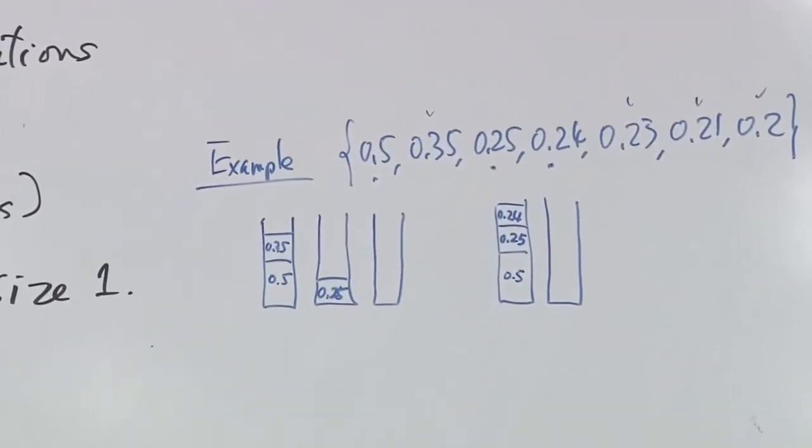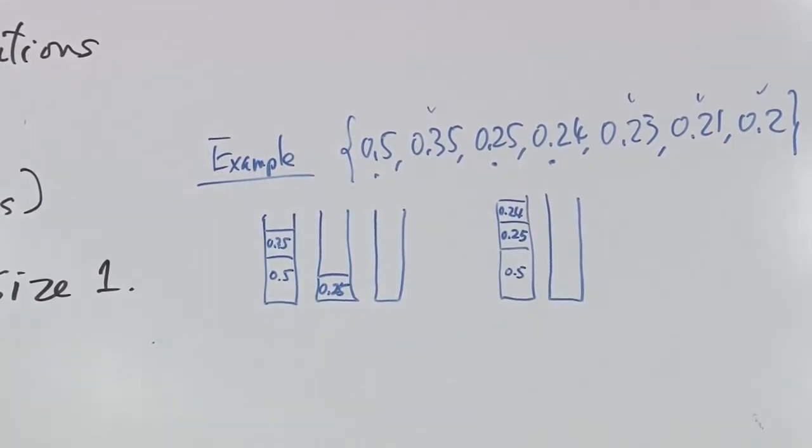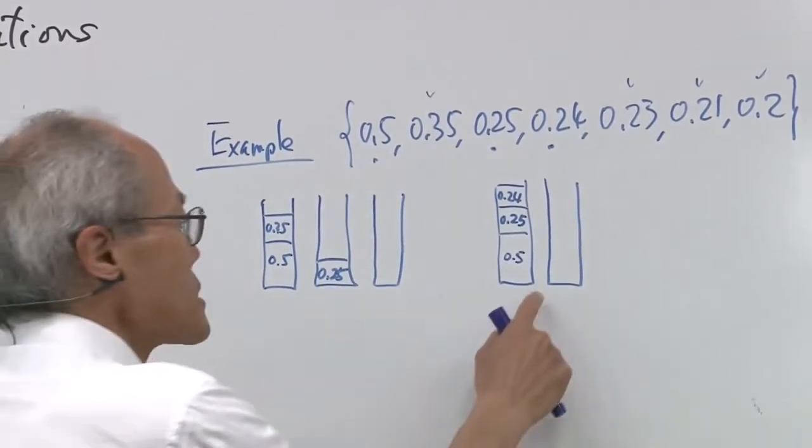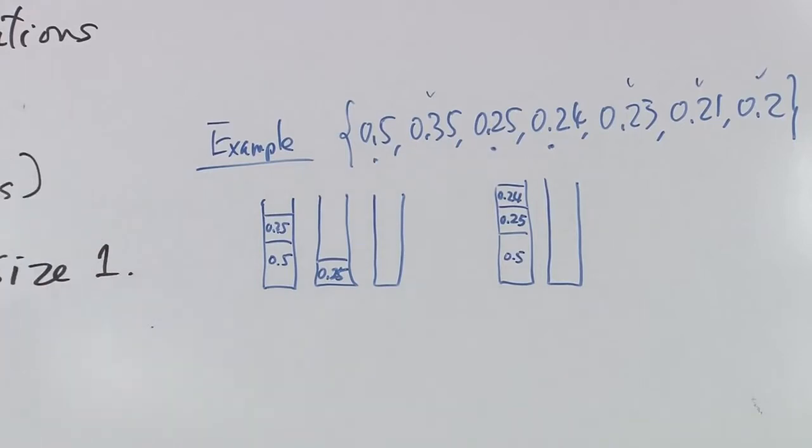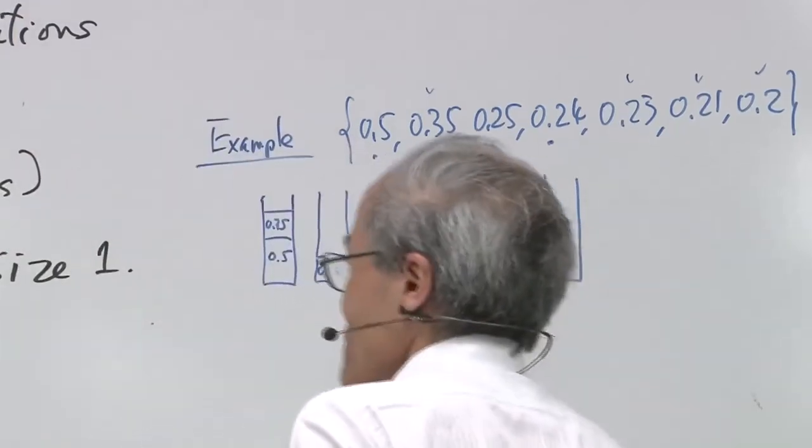So we need only 2 bins. That means this answer is better than that one. Actually, it's obviously impossible to put everything into 1 bin. So this solution is optimal.